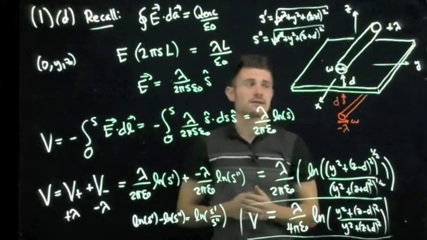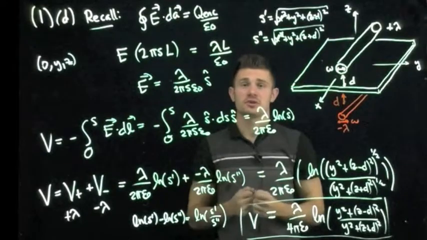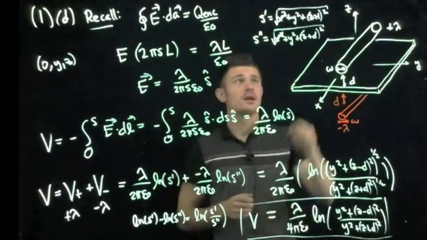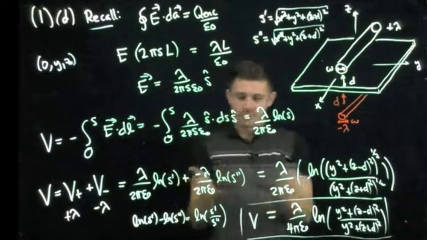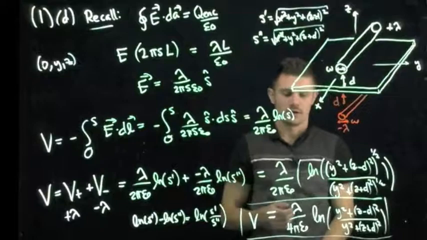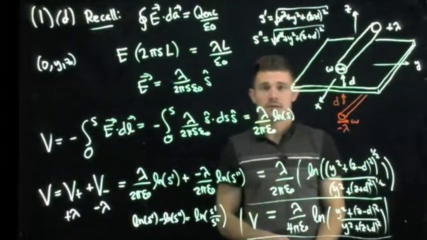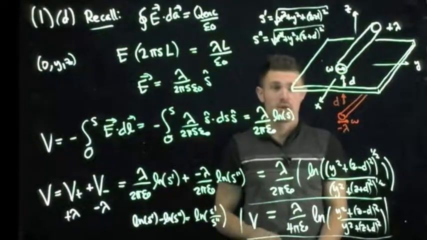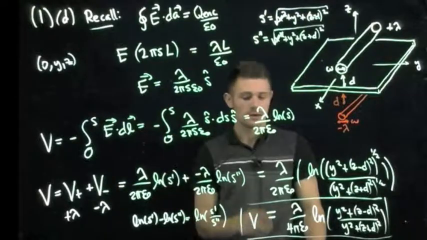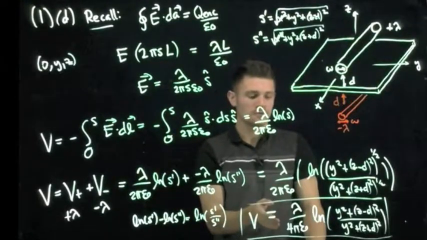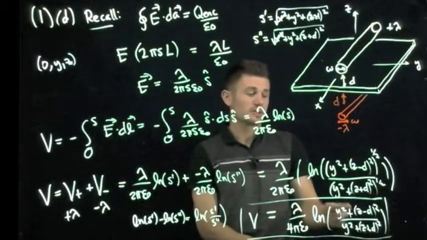So again, it's back to that point charge above, point charge below method of images problem, where we take the superposition of the potentials of each one individually, and in that case too, we had a z minus d and a z plus d. Then we simply do some algebra, plugging in all the values. Again, we use the property of logarithms to pull the square root outside of the logarithm, and we end up with the potential of the configuration above the conducting plane at some position 0, y, z: V is equal to lambda over 4 pi epsilon naught times the logarithm of y squared plus z minus d squared over y squared plus z plus d squared.